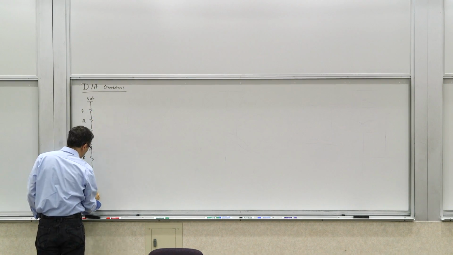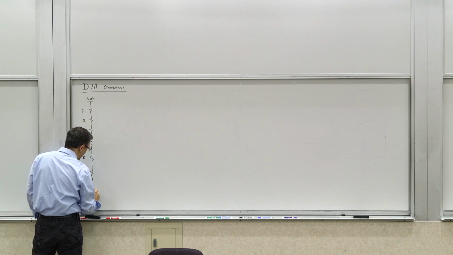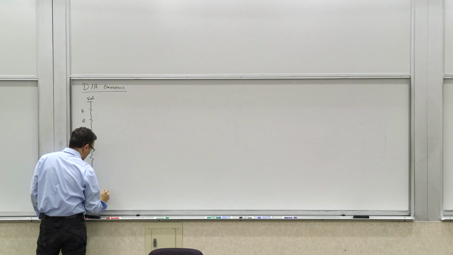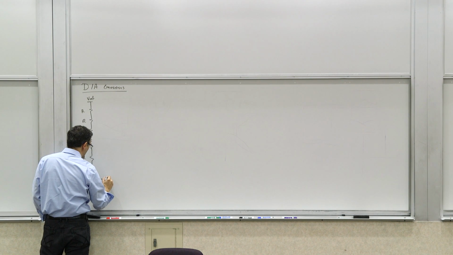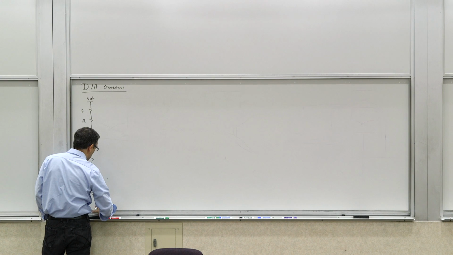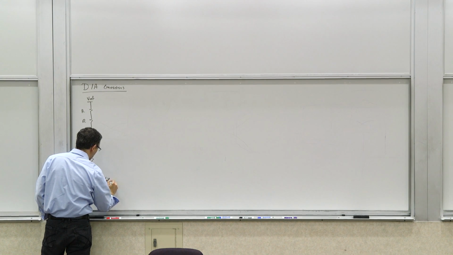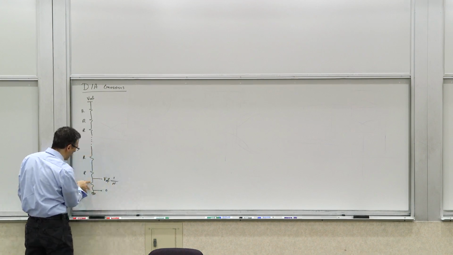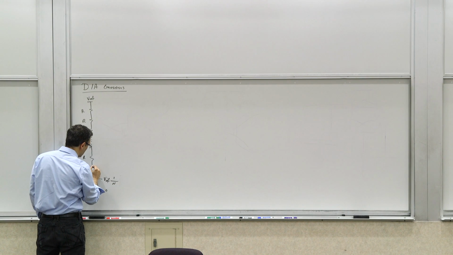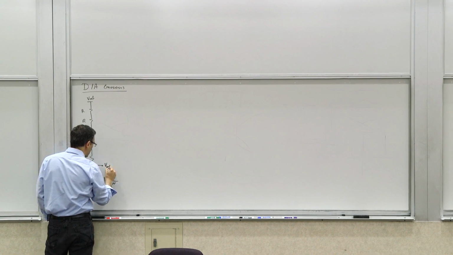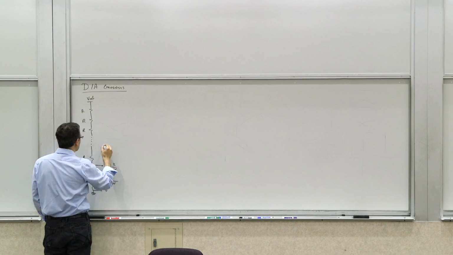So this point, this voltage is 0. This voltage is Vref. So it's a resistive divider. All of them are Vref times 1 over n times R, because you have R and you have nR overall here. So here is going to be Vref times 2 over n, and so on and so forth.